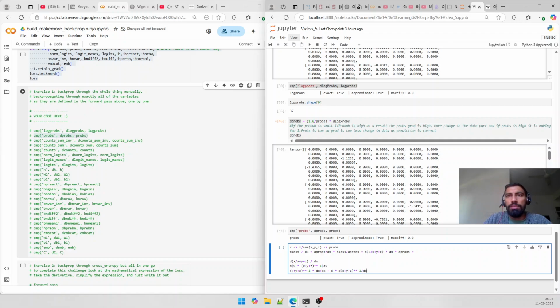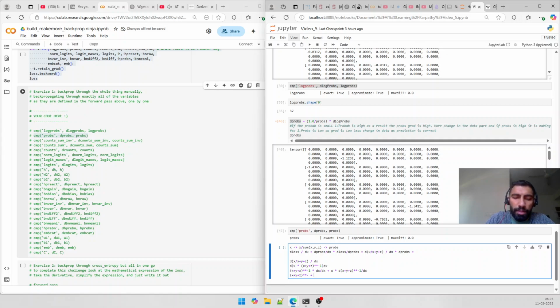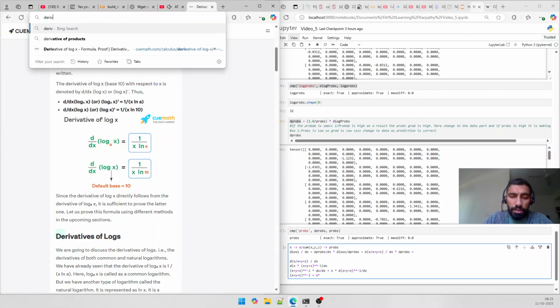That's what happens, right? Multiplication. We take this as a constant, it comes out, and we differentiate. So this is anyway 1. Plus x, sorry, I missed one. x into the derivative of the inverse.